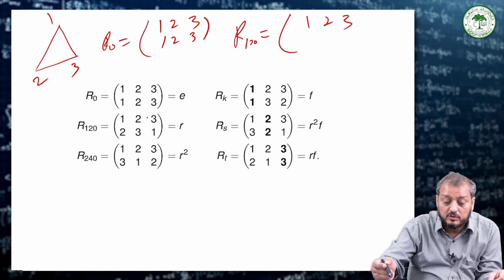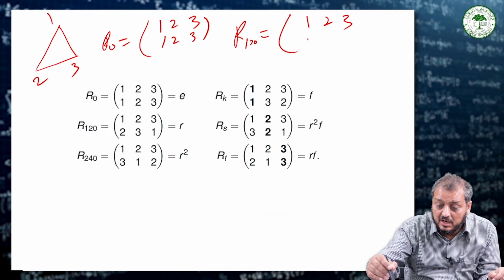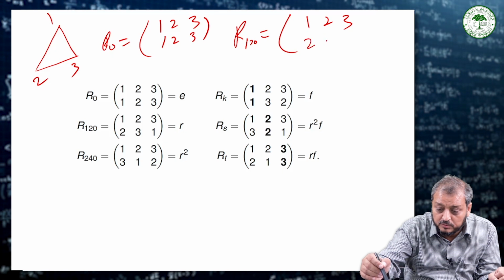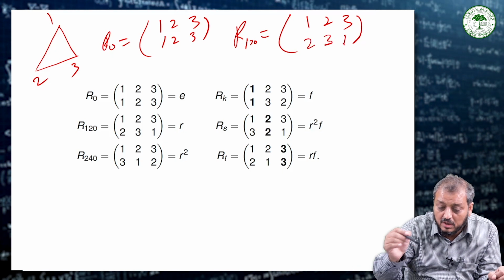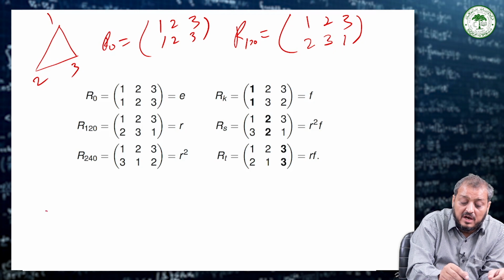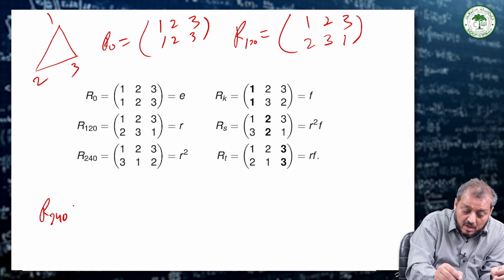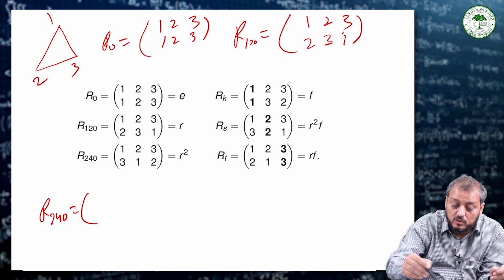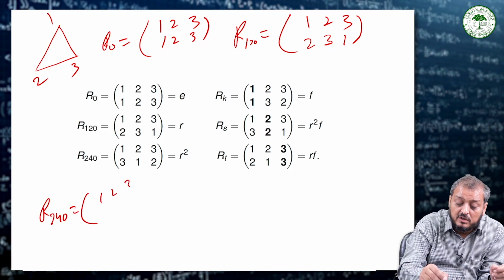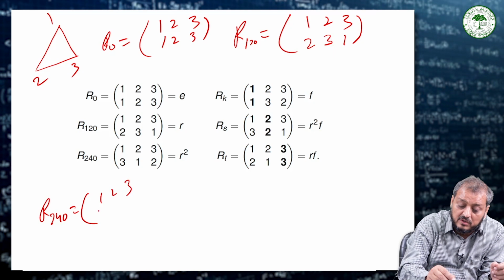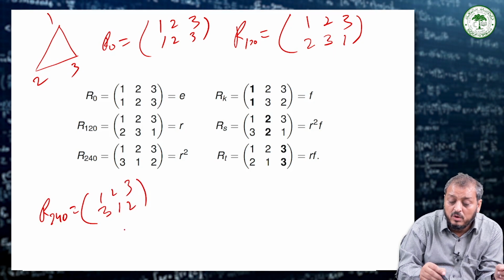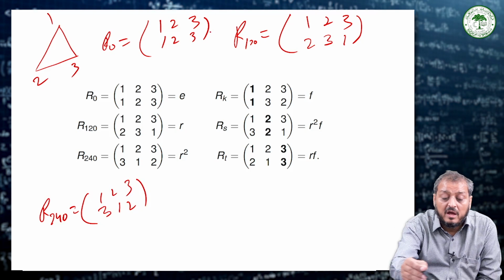So clearly R1 is moving 1 to 2, 2 is moving to 3, and 3 is moving to 1. And similarly R240, again this is rotated by 120 degrees. So this is a rotation of 120 degrees equal to 3 1 2 in this form.